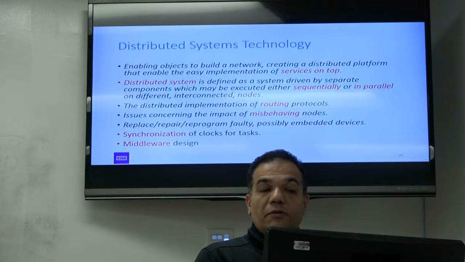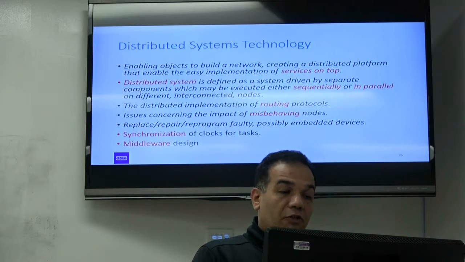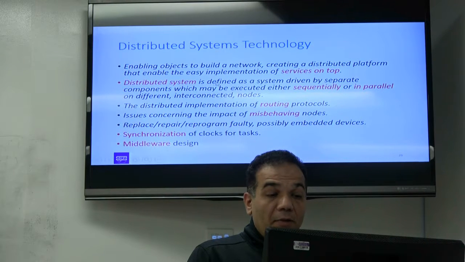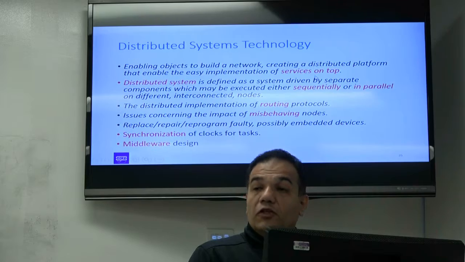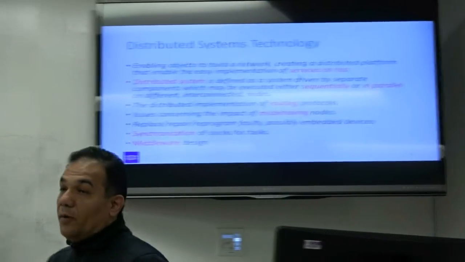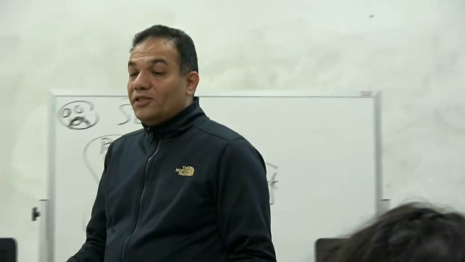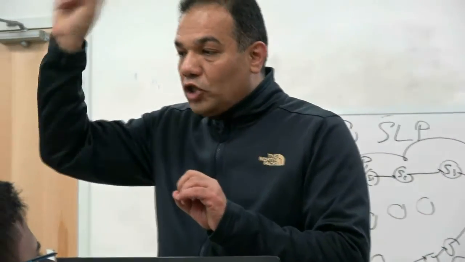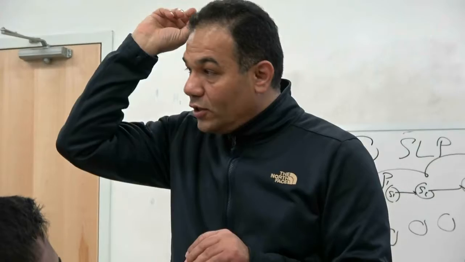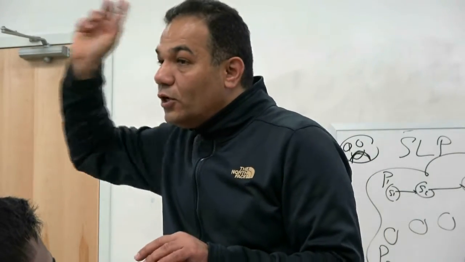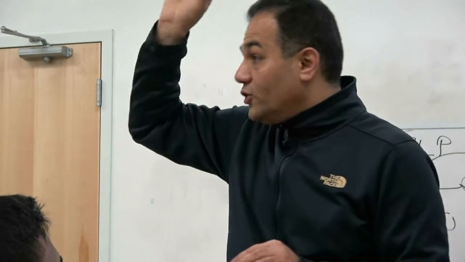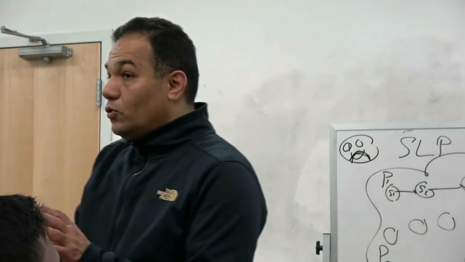Then distributed systems technology: enabling objects to build a network, creating a distributed platform that enables the easy implementation of services and applications. When you're building a system, you don't have to create everything. You could have off-the-shelf applications, components, and devices that you integrate into your system.